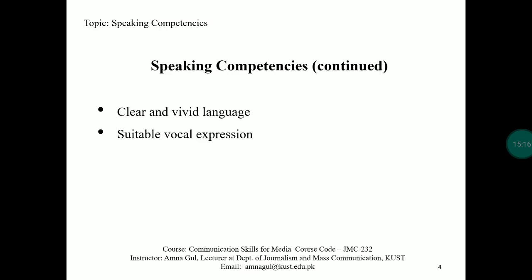Competency number 7 is to effectively use vocal expression and paralanguage to engage the audience. Excellent use of vocal variation, especially the video that we saw in our last lecture. If you just revisit that, he made excellent use of vocal variation, the way he used intensity and pacing, that was excellent.